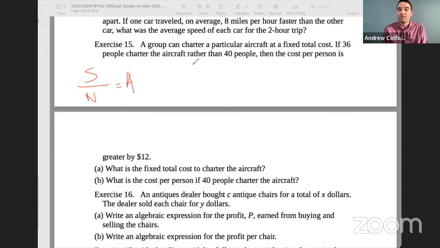There's the first one, where 36 people charter the aircraft, and the second one, where 40 people charter the aircraft. So I'll fill in the numbers here. This is 36 people, and this is 40 people. Now, Laru, what does not change from the first case to the second case? What stays constant?